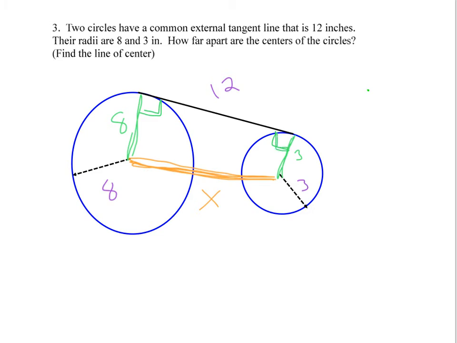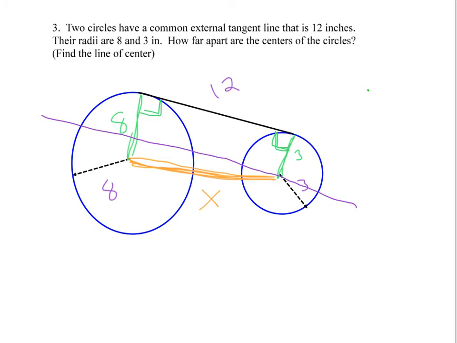So now that being said, let's do our step 3, our third step, which can be the hardest step. Through the center of the smaller circle, we're going to draw a line that is parallel to our common tangent. So there it is, and then that line must pass through the radius of the larger circle.